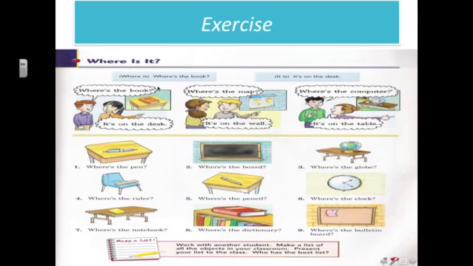So the question here, if you look here: where is the book? He does not know where the book is, but she knows. So she said, it's on the desk.